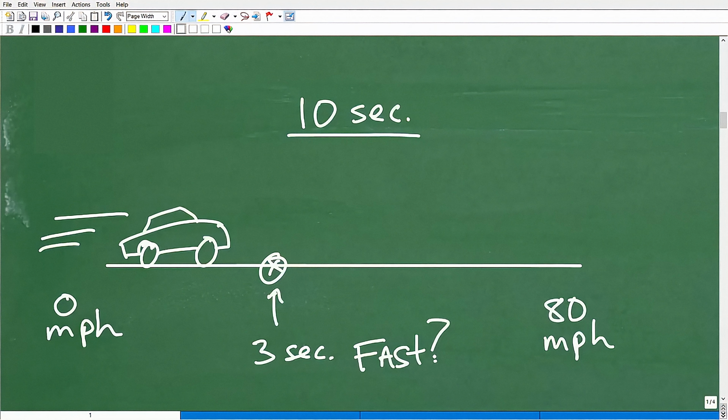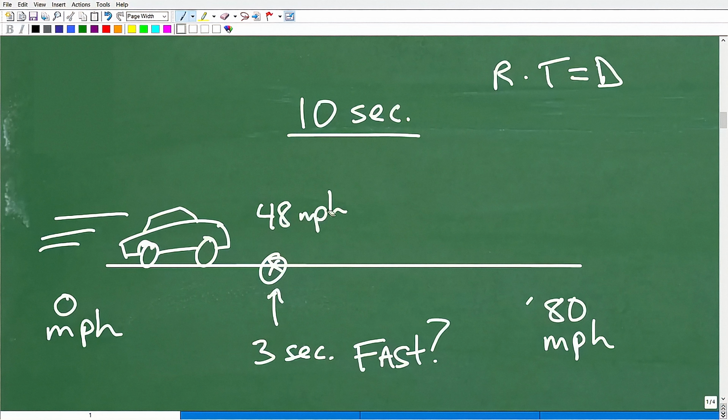You might use the formula rate times time equals distance. But precisely at 3 seconds, if it started at zero, it's obviously less than 80. You might say, I don't know, maybe at 3 seconds it's going 48 miles per hour. Well, how can we calculate that?